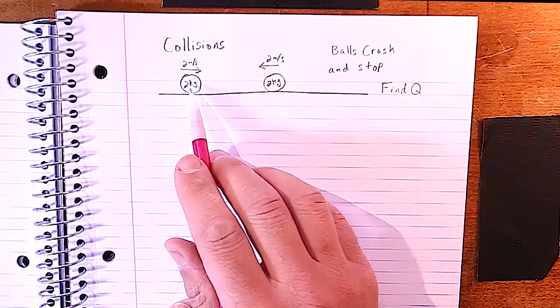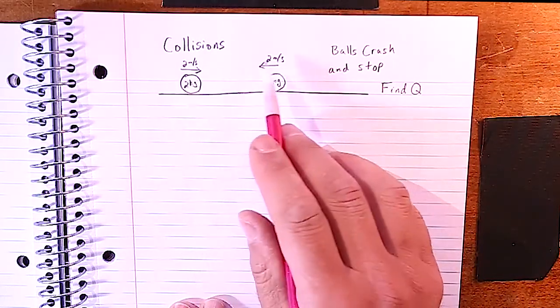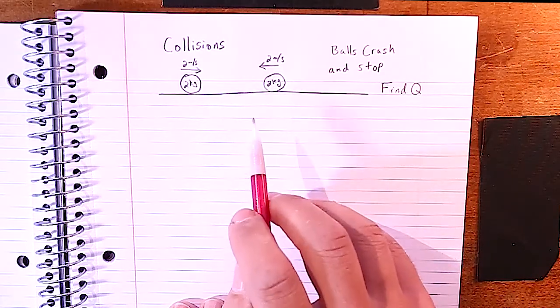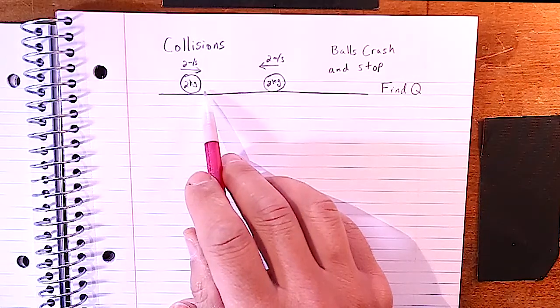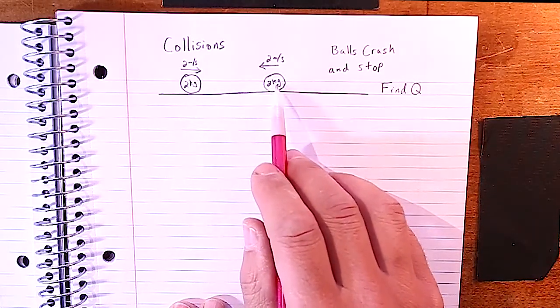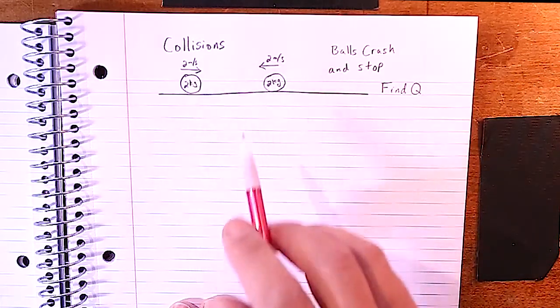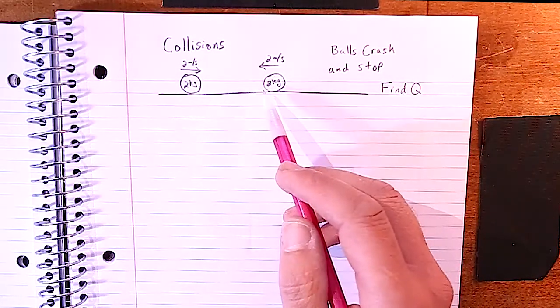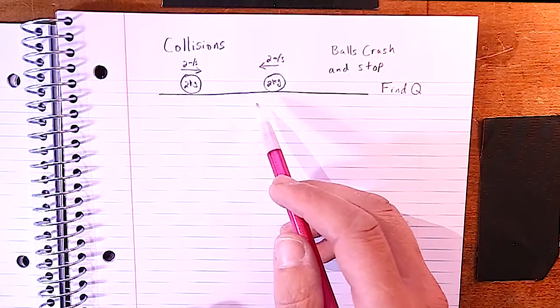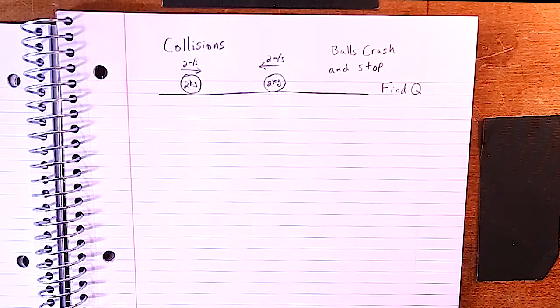Now, the momentum would be positive here and negative here, but remember that energy is a scalar. So the energy to the right is going to be added to positive energy to the left. These are both positive energies. Now, the balls crash into each other and stop. So all of that energy gets converted into heat during the collision.